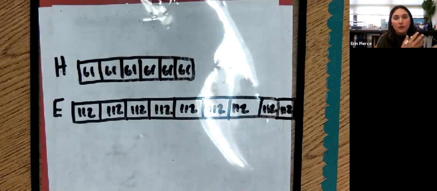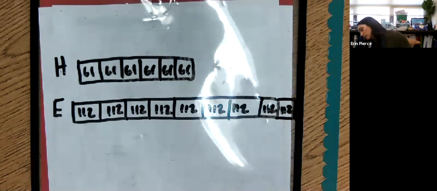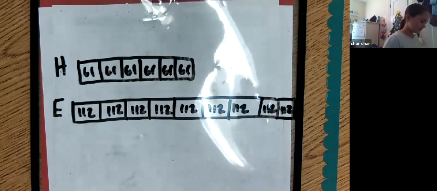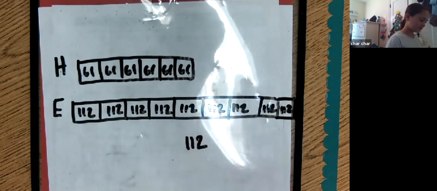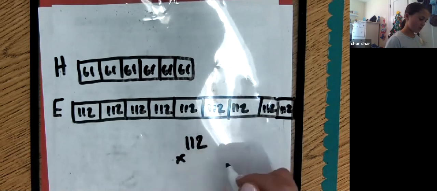I told us what we're gonna do on the last one. You tell me what we're gonna do on this one. What am I gonna do, Charlotte? You're gonna do 112 times 61.